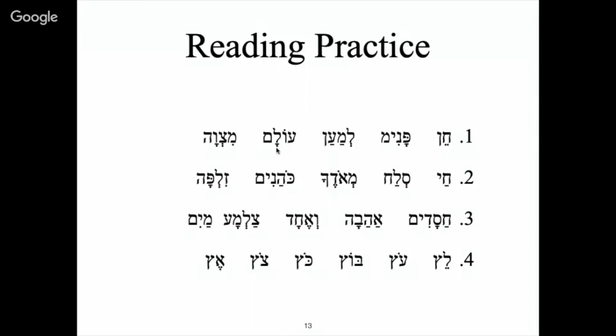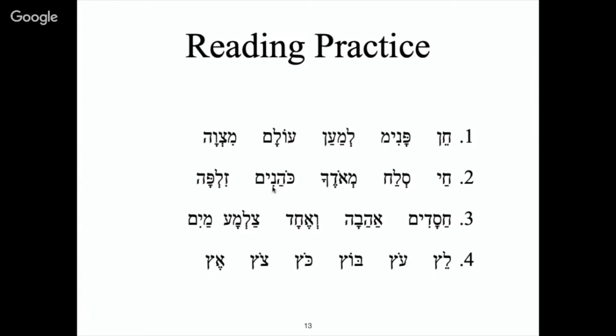This says olam. This says mitzvah. Line number 2, this says chai. This word here is salach. This says me'odecha.